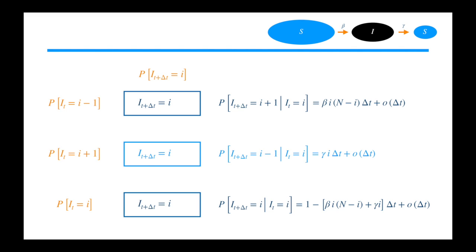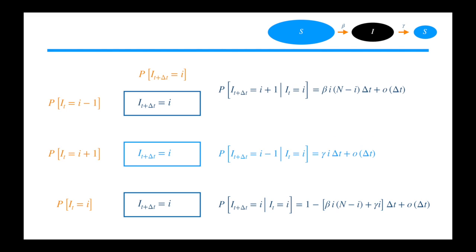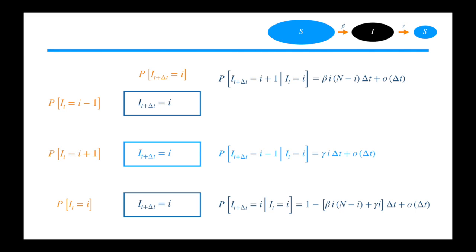Now we need to change the conditional probabilities to reflect the new perspective. So for the first node, we just need to replace I by I minus 1. Let's abbreviate this term, and the analogous term in our new expression will just have I minus 1 in place of I. Let's note down this relationship for future reference, and let's move to the second node.